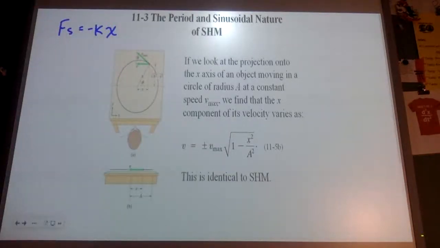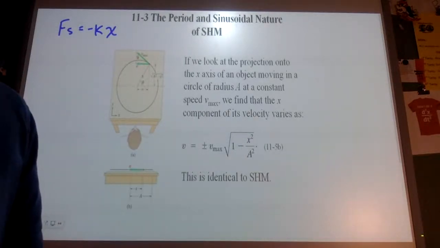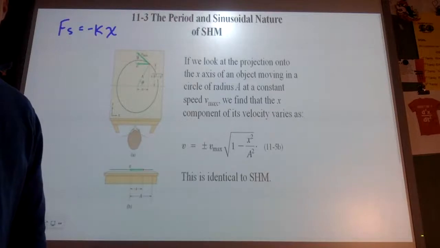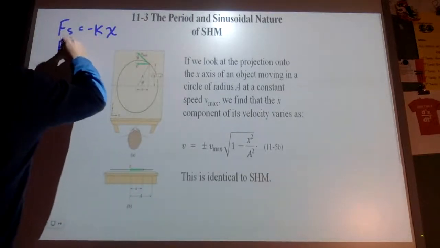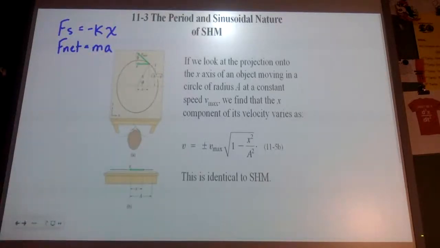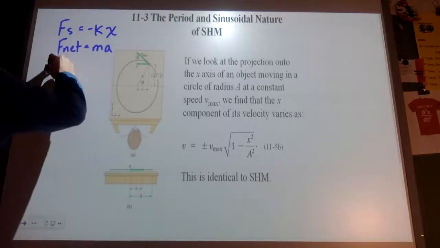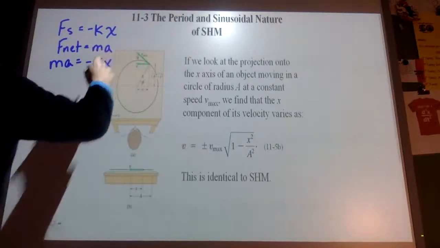We have that F_s is equal to negative kx. Now, although you can't use kinematics for this, I can use Newton's second law. And so I would say that F net is equal to ma. And so what I'm left with is that ma is equal to negative kx.